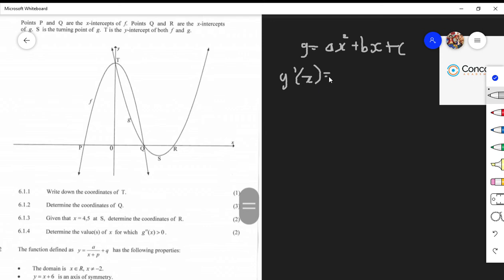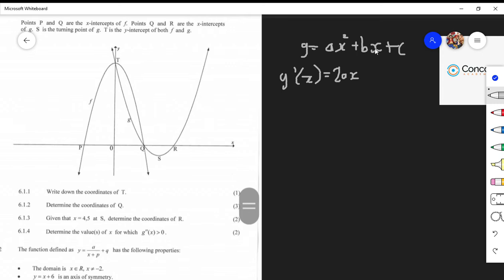when we derive, all we do is take the exponent times the coefficient, so 2 times a, which is 2a, and then we write our base, and then we minus 1 from the exponent. So 2 minus 1 is 1, we can just leave it as x.